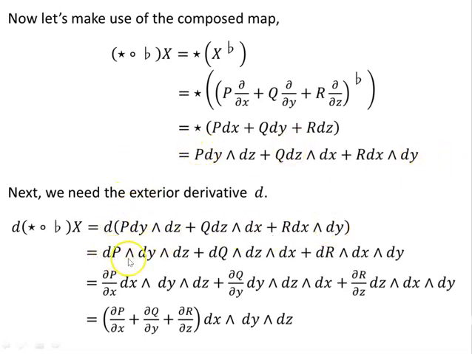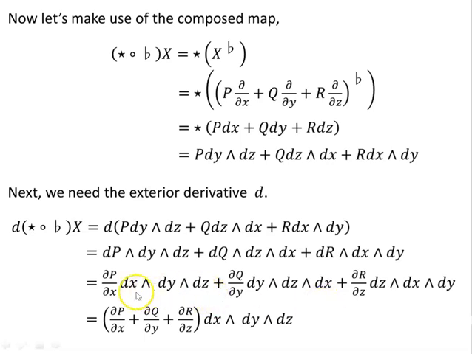So we get dp wedge dy wedge dz, plus dq wedge dz wedge dx, plus dr wedge dx wedge dy. That's the partial of p over partial x, dx, wedge with all that, and so on. When we do that, we can collect terms.